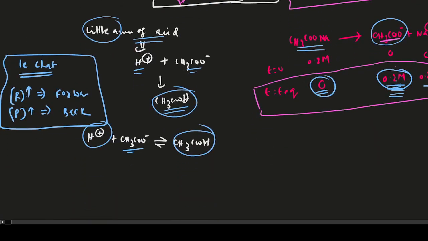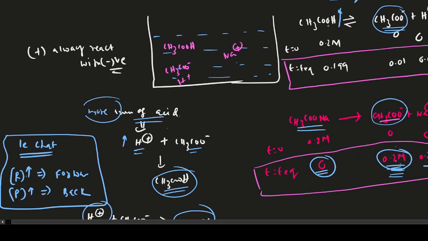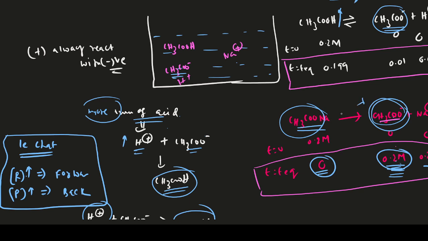But if, instead of a little, you add more acid, meaning H+ is high, then what happens? More H+ is coming into the solution, and this CH3COO-, because it is a strong electrolyte, gives more CH3COO-, so H+ will react with more CH3COO-. So CH3COO- decreases because you are giving more H+, so more H+ is reacting with more CH3COO-, and this value is decreasing in this case.